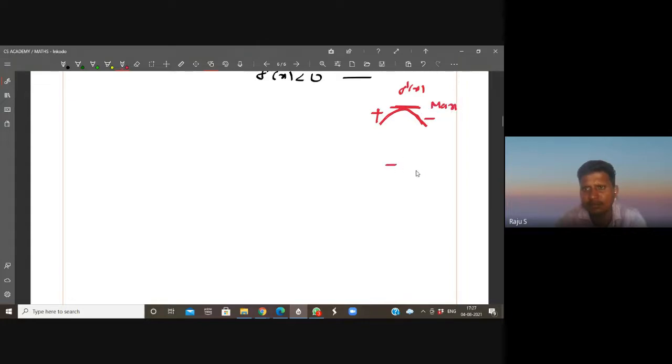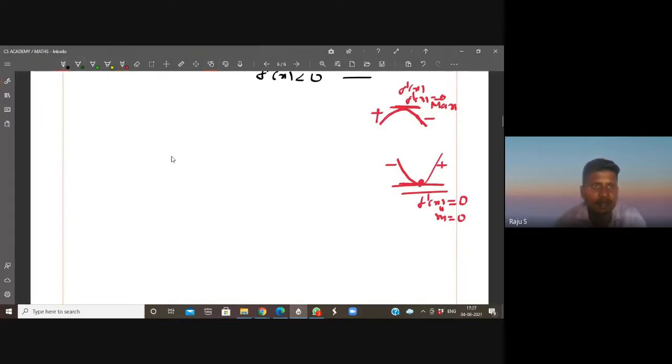If f dash of x is changing the sign from minus to plus, that is nothing but decreasing to increasing, at this particular point f dash of x becomes 0. If you draw the tangent parallel to the x-axis, what is the slope? m is equal to 0. m is nothing but f dash of x.